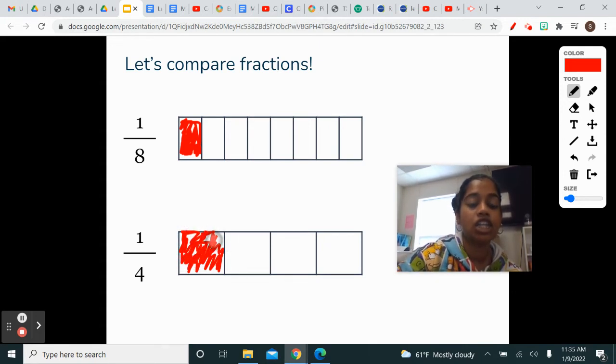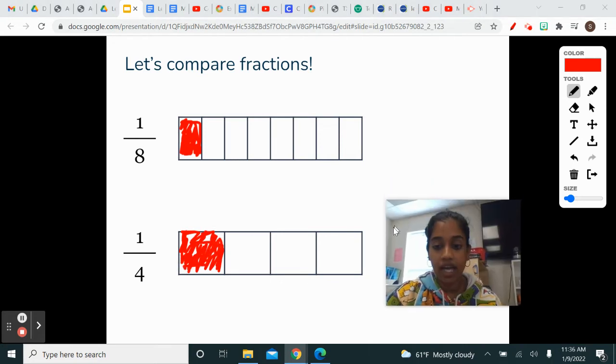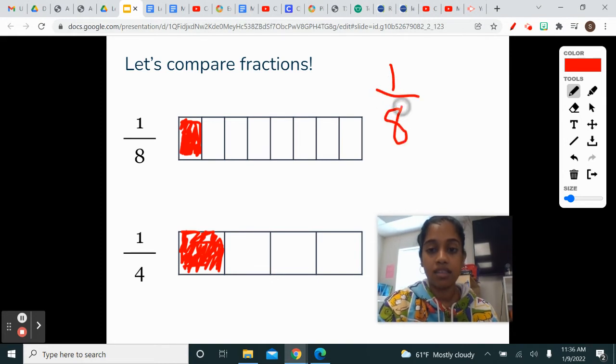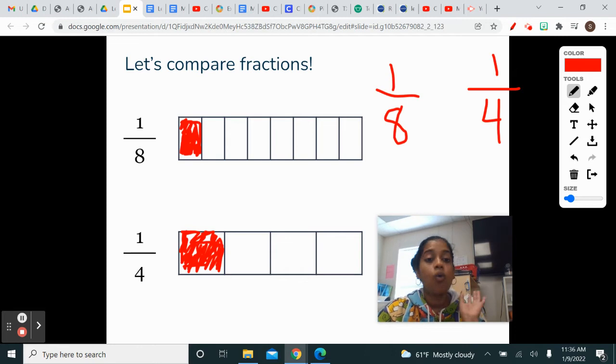Now we've got to look at these fractions, and I'm going to write it right here. So I have 1/8 and 1/4. Okay, what I want you to do is pause this video and see, can you figure out which fraction is larger and which fraction is smaller? All right, go ahead and pause this video and meet me back when you are done.